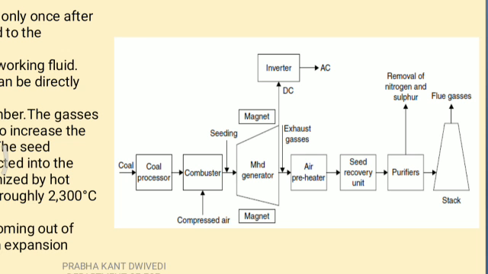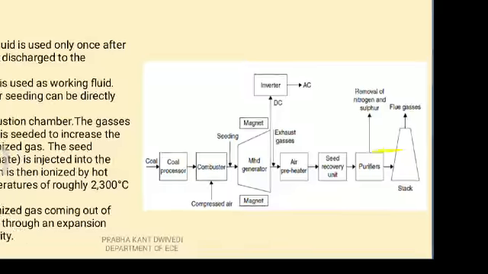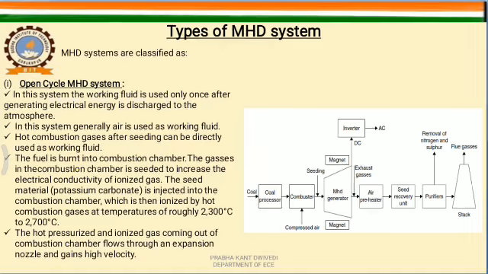The purifier removes the nitrogen and sulfur because they are harmful for the environment, and this gas is then exhausted to the environment. So this is all about the open cycle system.